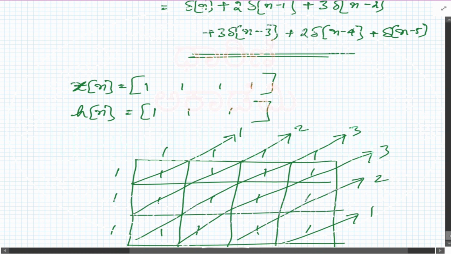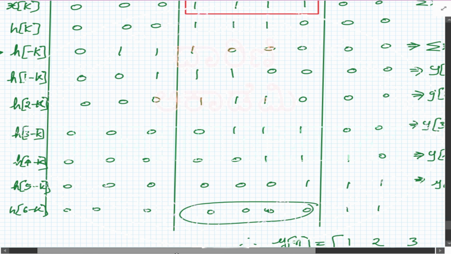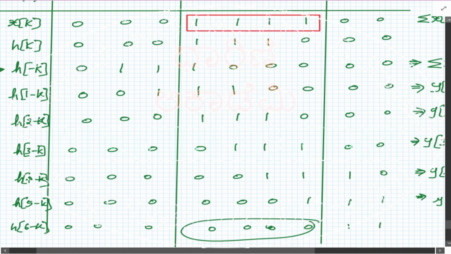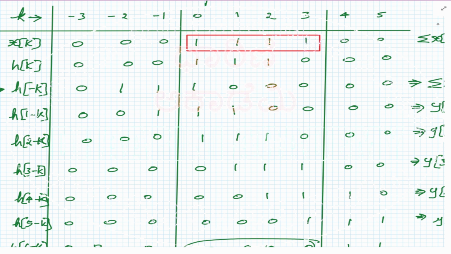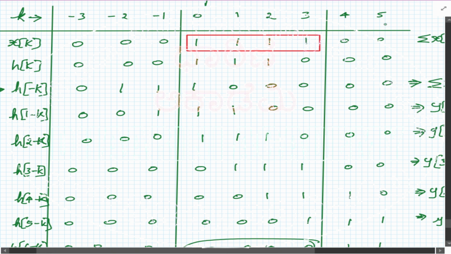But just to show you what exactly happens with the two signals, I had to draw this whole thing. So you understand now that we had two signals. The first signal is kept as it is, because in the equation you have x of k, where k is my variable. I'm not shifting, not flipping.